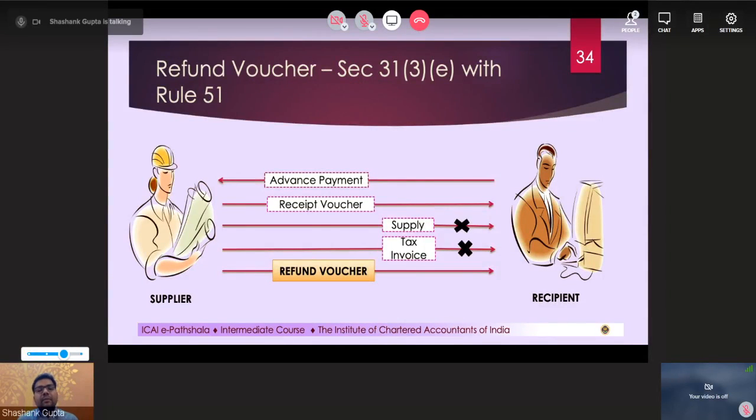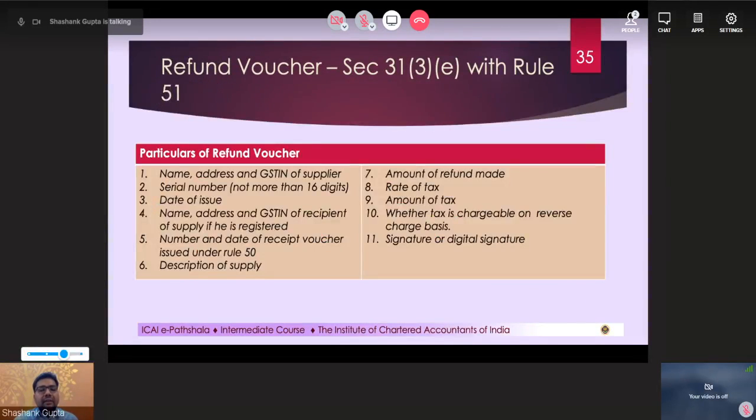Suppose someone gave me 1 lakh rupees in advance and there was no requirement of provision of any service, and hence the amount of 1 lakh rupees was refunded to such recipient. So at the time of refund of such amount, a refund voucher is required to be issued by the supplier. And these are the details to be captured on the refund voucher.